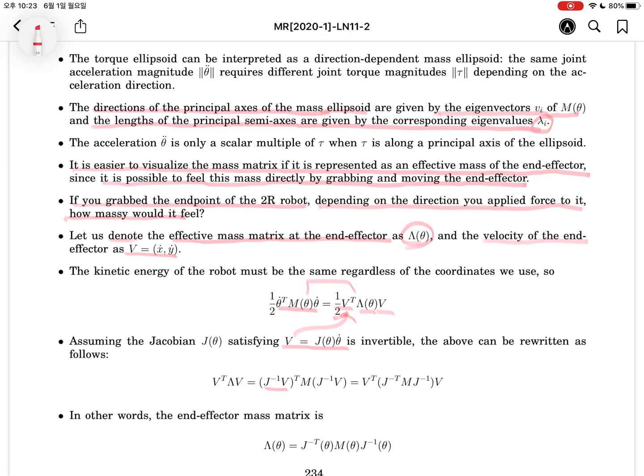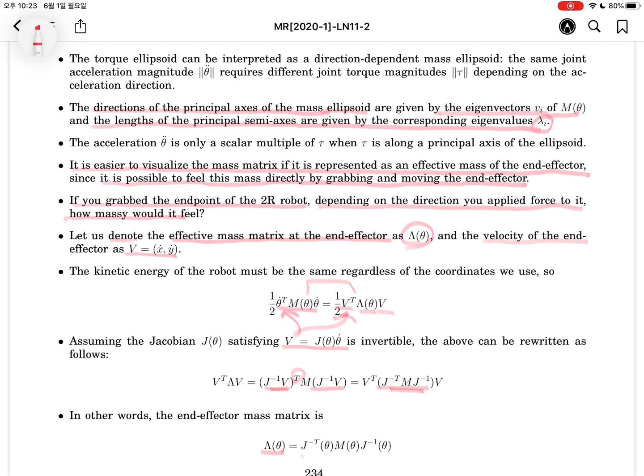Then J inverse v will appear on both sides, and if you take the transpose operator, you can get the inner part: J inverse transpose M J inverse. It must be equal to the end effector inertia.